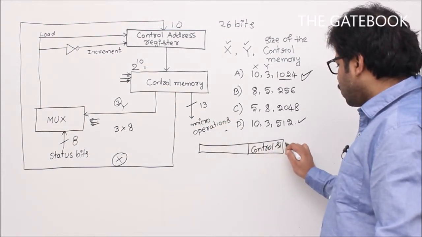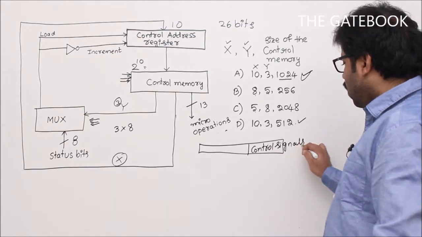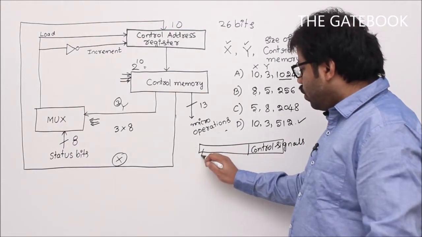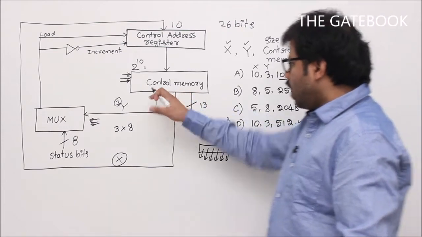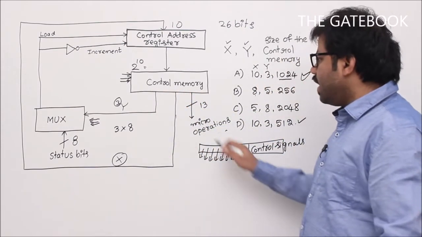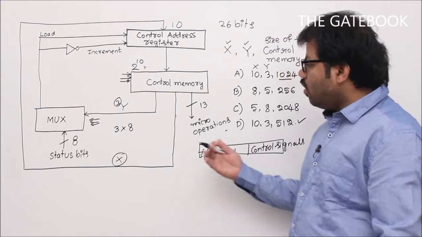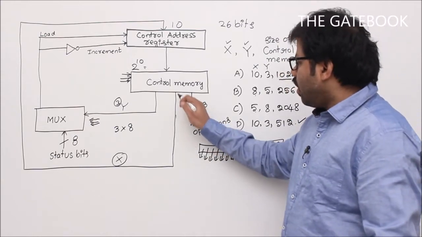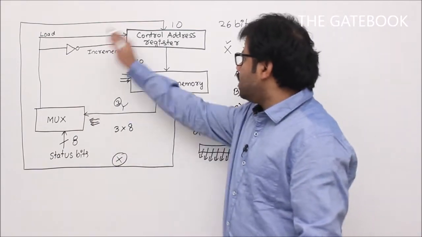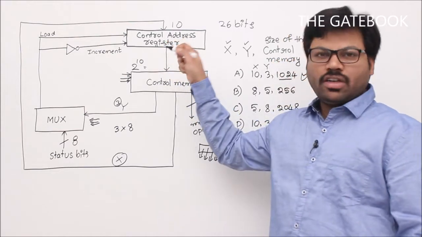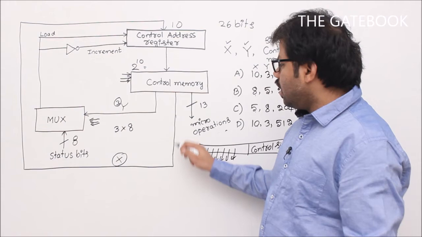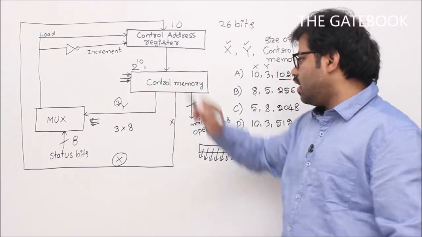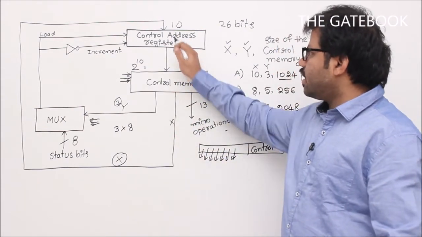The remaining bits are going to decide the next address. In this one also, the remaining bits are deciding the next address. How? You see, one field is directly connected to the next address. Control address register always points to the next address. That's why this X is connected directly to the next address.